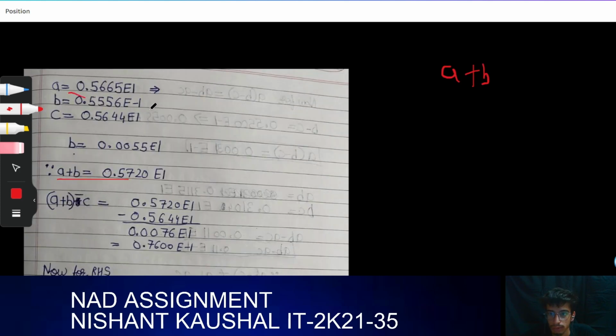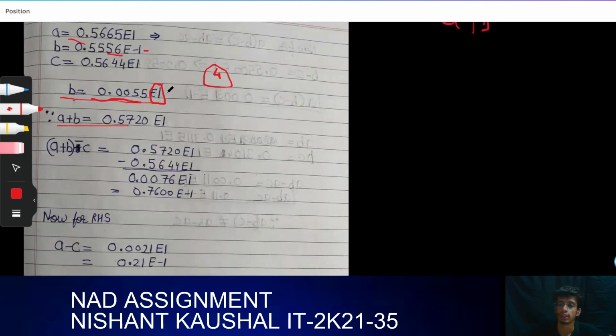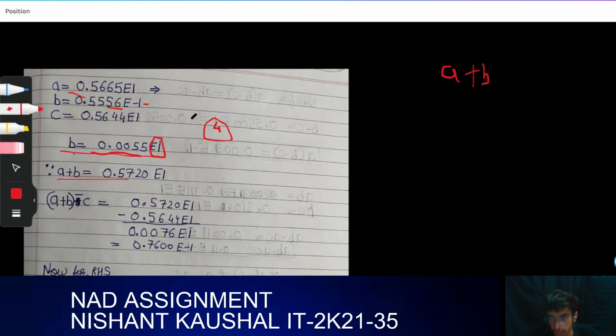As e is minus 1 here, we will convert it to e raised to the power 1, so then the number will become 0.0055. 56 will get lost because we have to find with up to 4 mantissa digits only. So here a plus b will be 0.5720 e raised to power 1.